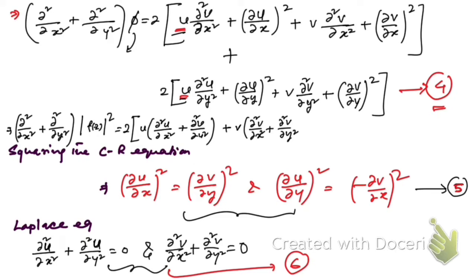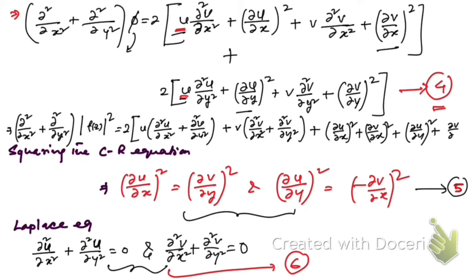Then you can write the remaining terms, and what are those? You can write del u by del x whole square plus del v by del x whole square plus del u by del y whole square, then plus del v by del y whole square.